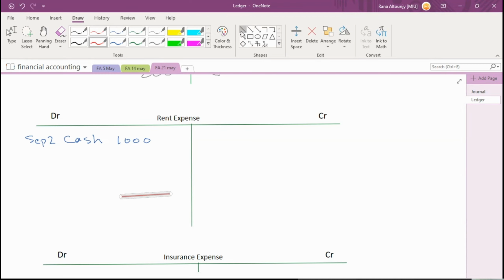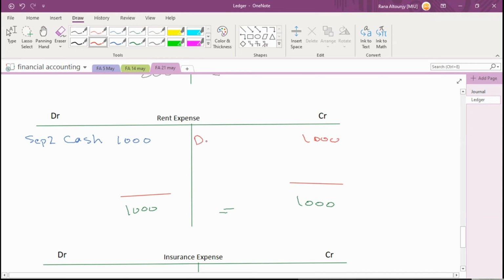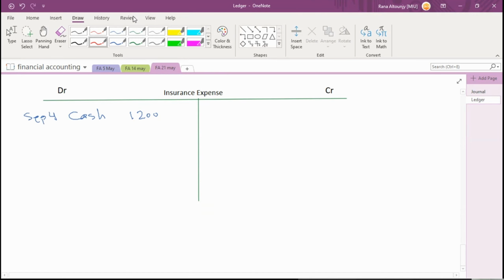So as I mentioned, you need to do the closing of accounts for all the accounts which you opened. Here also the sum is 1,000. We need to do the same for the other side. So we put 1,000, which is a debit balance. And the last account we have is the insurance expense.